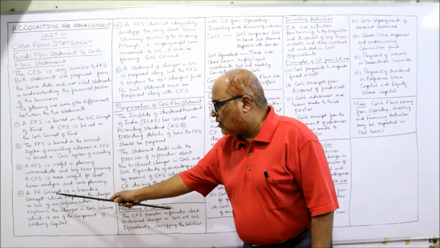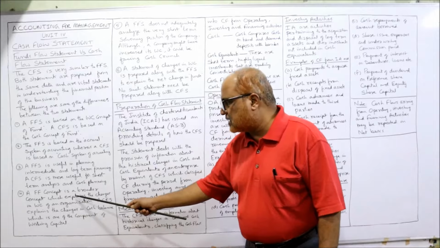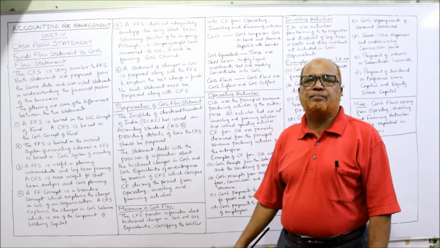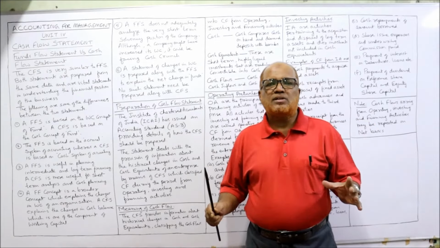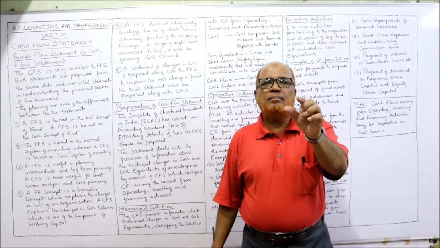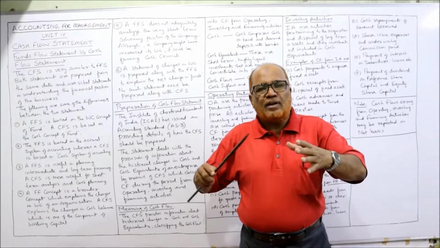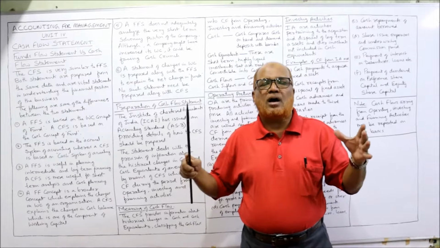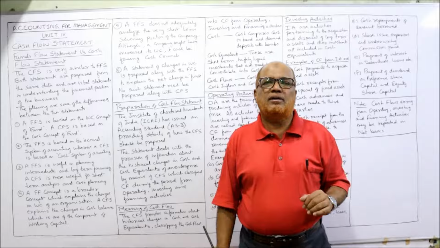Next, a funds flow concept is a broader concept which explains the changes in working capital. The funds flow statement will consider fund to mean working capital, and working capital includes all current assets and current liabilities.